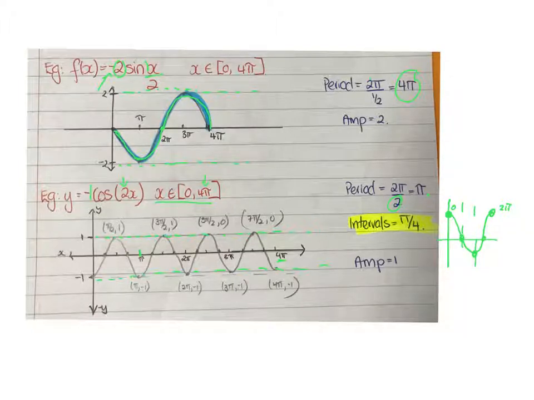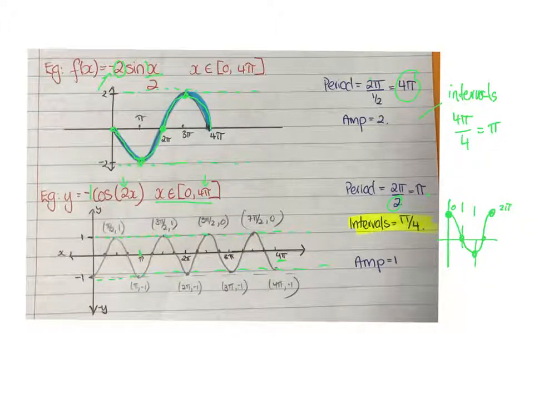and dividing by 4. So up here, if I did the intervals for this top one, I do 4 pi divided by 4. So it means the intervals are at pi. So I'm going to see a dot every time at pi, and you do see, there's pi and there's a dot, another pi, pi, pi.